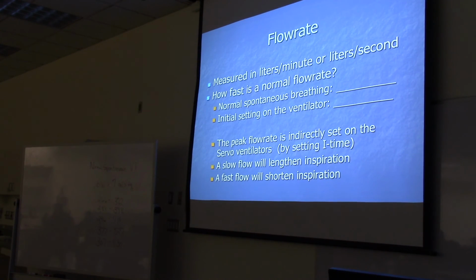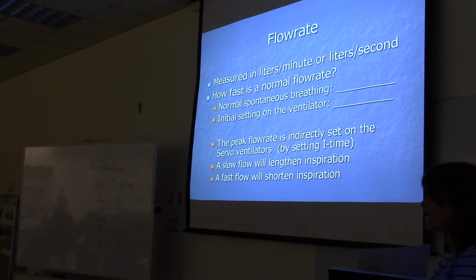The peak flow rate is indirectly set on the servo ventilators. So when you walk over to a servo ventilator to set the flow rate, you're not going to find that. What you are going to find is the I time, or inspiratory time.